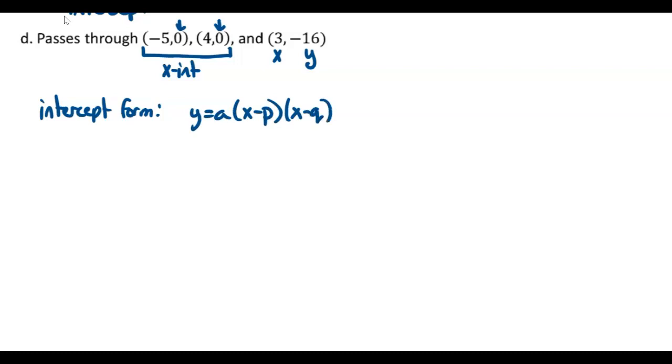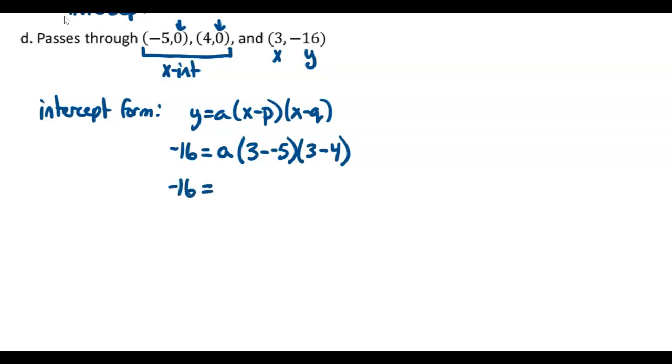Now, since they gave me that third point, I can find my a. So I'm going to plug in -16 for y. I'm finding a, so I just write a down. x is 3 minus the first intercept, which was -5. x is 3 minus the second intercept, which is 4.